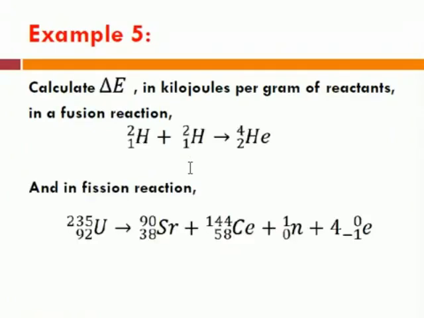So, example number 5: calculate delta E in kilojoules per gram of reactants in a fusion reaction. This was for the fusion reaction, and then for the fission reaction. So let's proceed.